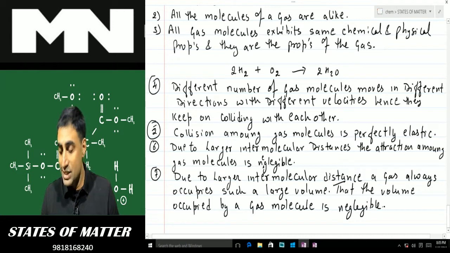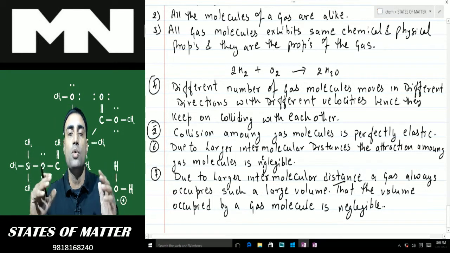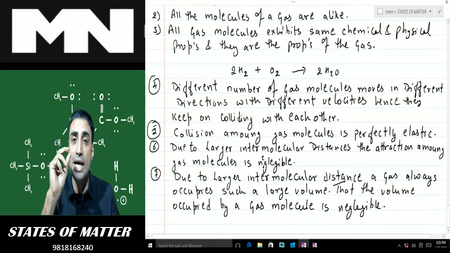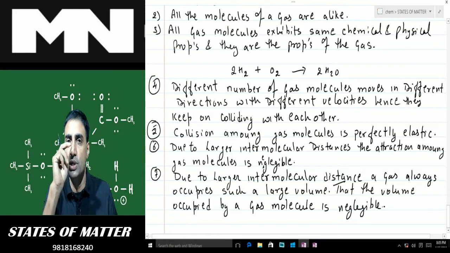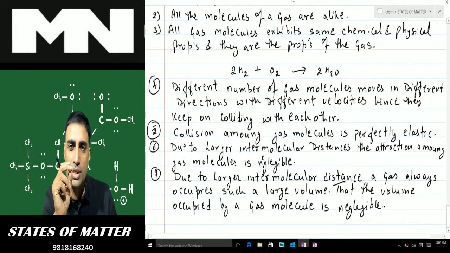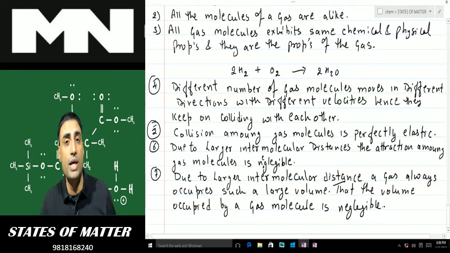So in gases, the intermolecular distances are very large. The gas will always occupy such a large volume that the volume occupied by a gas molecule, which is very small, not visible to our eye, is negligible. It is so very small that as compared to the volume of the gas, which is very large, the volume occupied by a gas molecule is negligible.